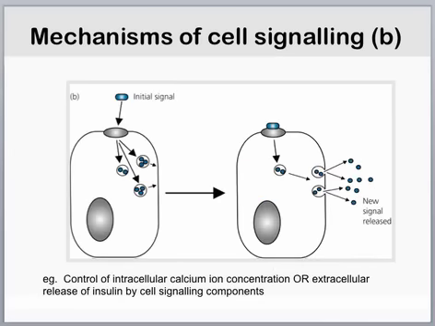Another mechanism of releasing a second messenger is not to manufacture that second messenger chemically, but to release that second messenger from a store within the cell. In this instance, the second messenger isn't cyclic AMP, it's calcium, just calcium ions. So here we have these little vesicles in the cell which store calcium ions so that the calcium ion is not available.